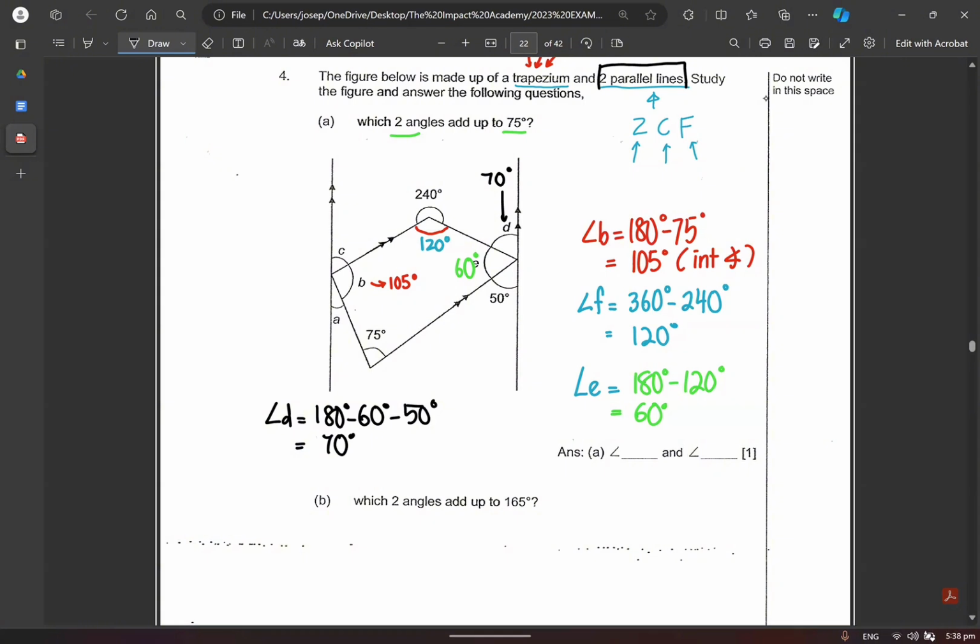Okay, what else can I find? Any idea? I need to find A, and I also need to find C. Am I making sense? How am I supposed to find A and C? You won't be able to find their individual values, right?